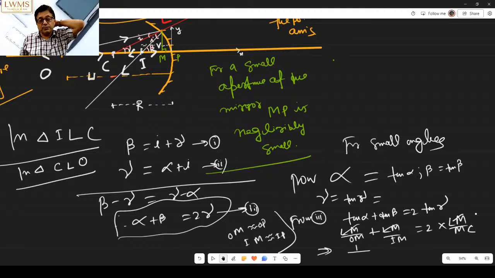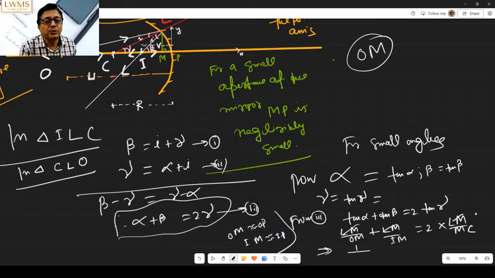So what should I put for OM? OM you can see in the diagram. OM is what? OM is u. But I won't take u, it will be minus u, because light is going from left to right, and you are measuring from the pole towards the left. Anything measured towards the left will be negative. OM and OP are the same thing.